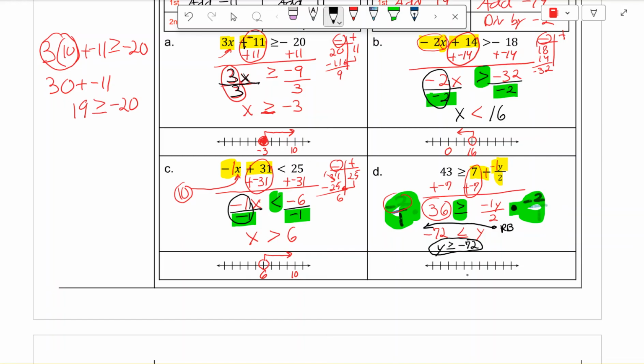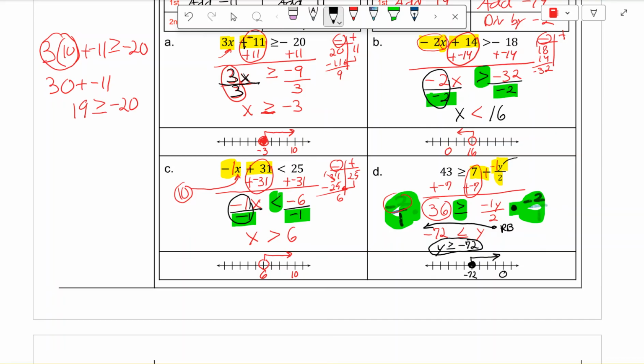Okay, go down to your graph. Negative 72. Y is greater or equal to, so it is a closed point. And y is greater, so it goes to the right. Now pick anything that is greater than negative 72. I'm going to pick 0, because 0 is bigger, and it's so easy to work with.